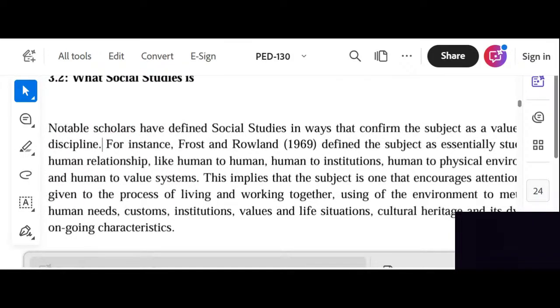Now, this gives a very deep meaning. It covers a lot. It is a study of the relationship between humans, or let's say human relationship. And you know that when you say human relationship, you as a human, you have several things you are relating to or relating with.